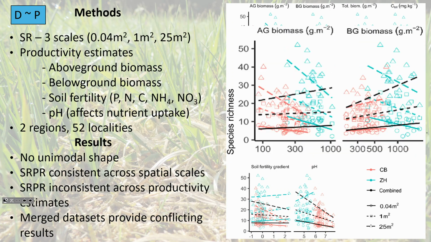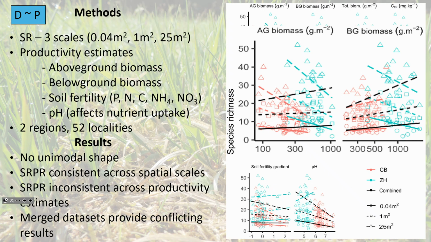So if we zoom in on 2 of the most commonly used characteristics, here you have above ground biomass and below ground biomass. You see that it's consistent across spatial scales, so the relationship stays the same. We haven't found any unimodal relationship at all. Everything was linear, either negative, positive, or none.